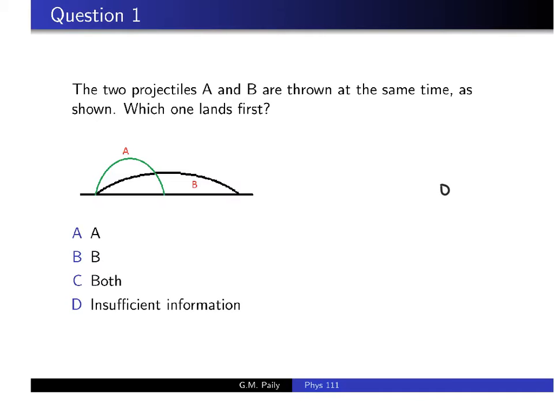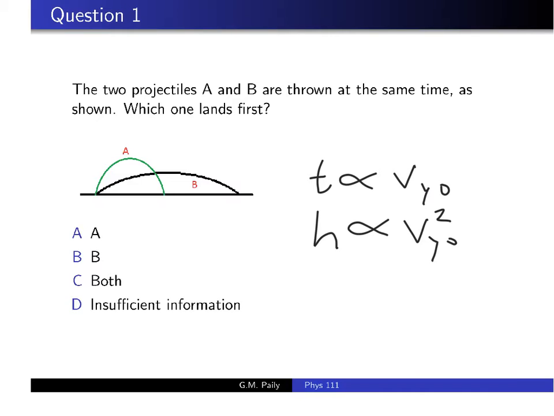So, if we want the projectile that lands first, that is a small t, then it must have a small Vy naught. If it has a small Vy naught, then it must have a small h. Looking at A and B, it is clear that projectile A achieves a greater height than projectile B. So that means projectile B will land first.